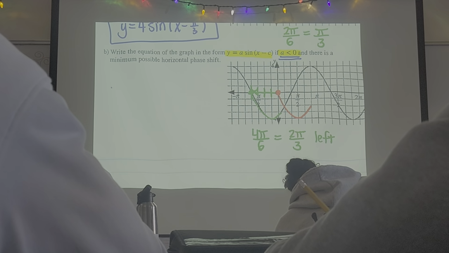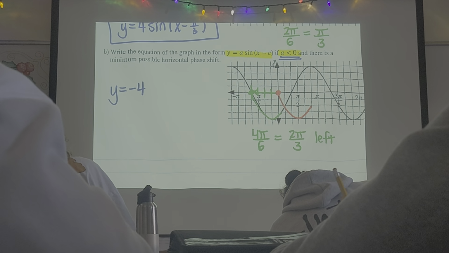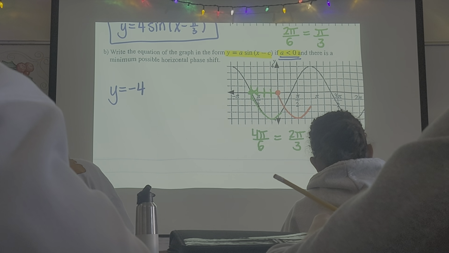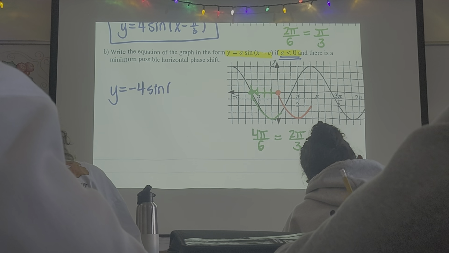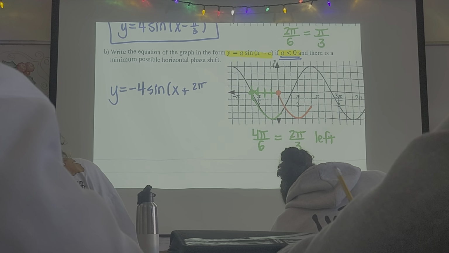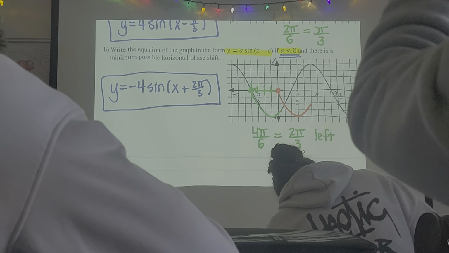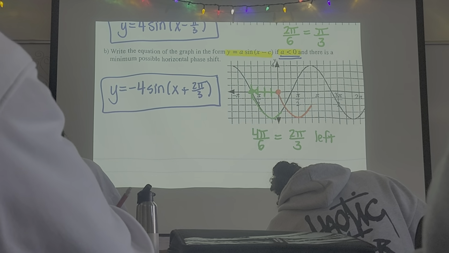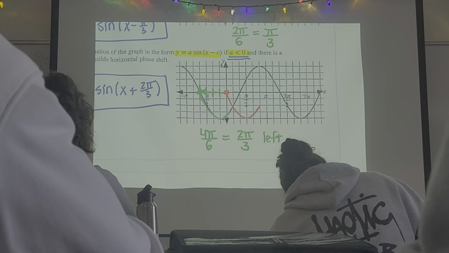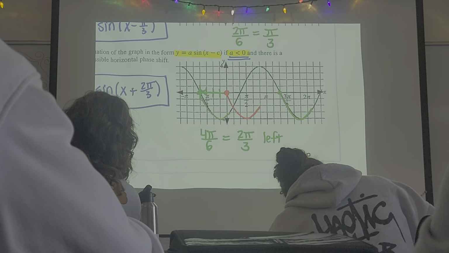So what's our equation? Y equals negative 4, because it's the reflection, sine (x plus 2 pi over 3). Notice right here is also the same sort of shape, going down.